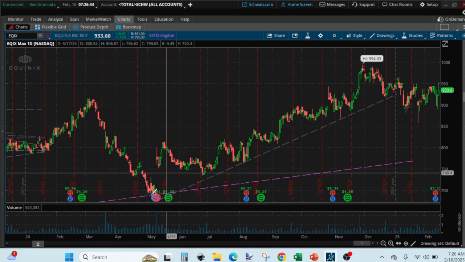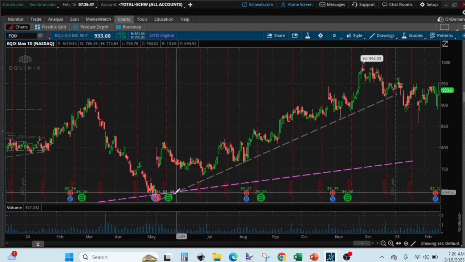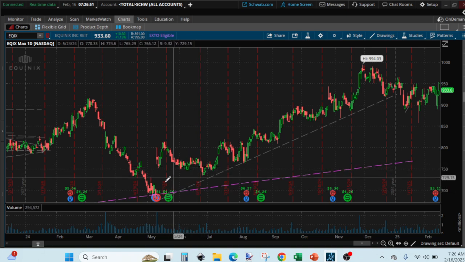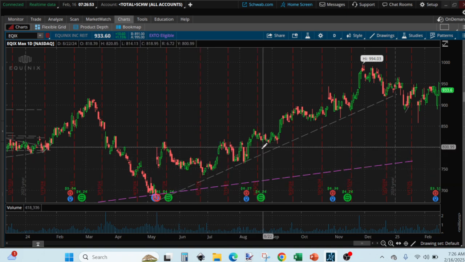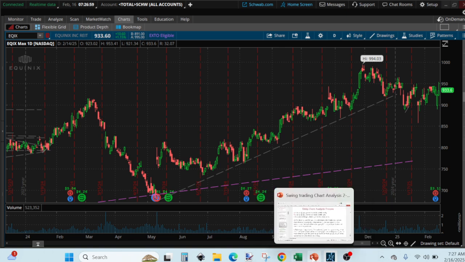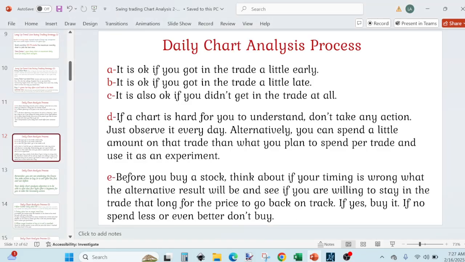Even if you are not buying right at the main trend line, it will have its own short uptrend line that you can use to guide yourself to find the entry point, to make sure you are buying on an uptrend line, even a shorter one around that main trend line.